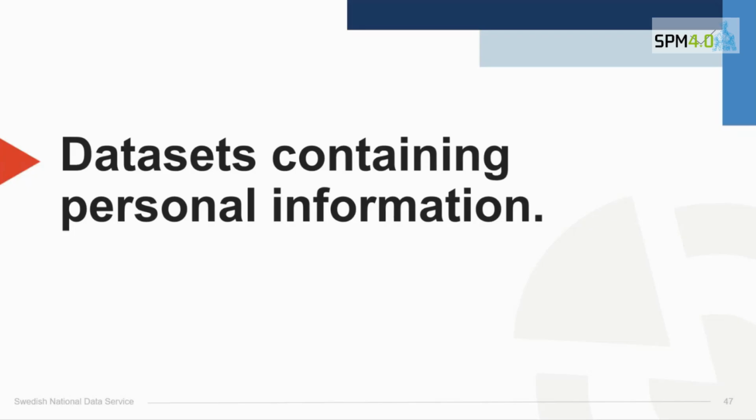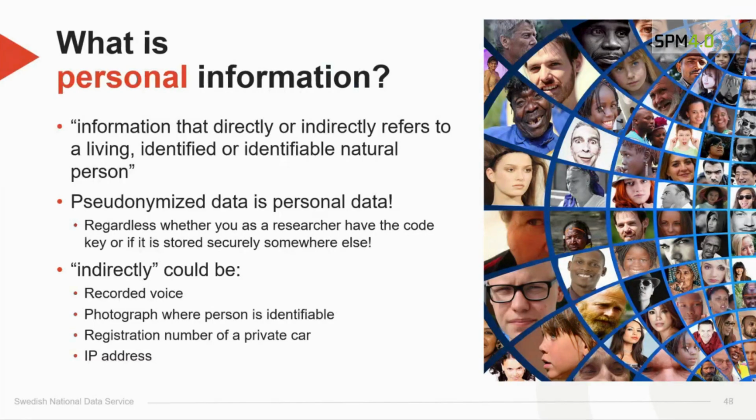Data sets containing personal information. What is personal information? It is information that directly or indirectly refers to a living, identified, or identifiable natural person. This is the Swedish definition. Natural person is a bit strange, but this one is often forgotten: they have to be alive.